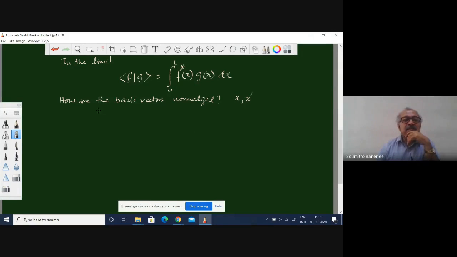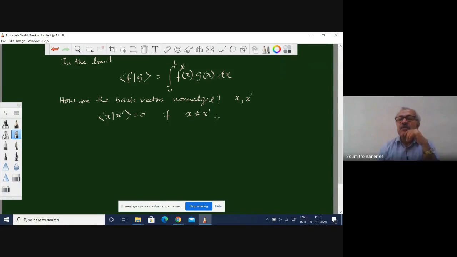Then orthogonality will demand that <x|x'> equals delta ij, so this will be equal to 0 if x is not equal to x prime.